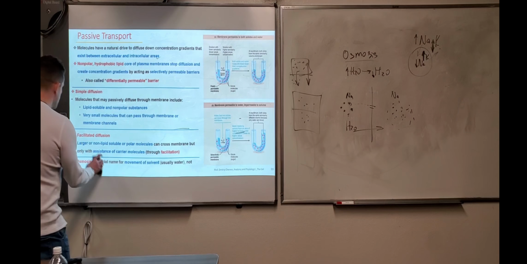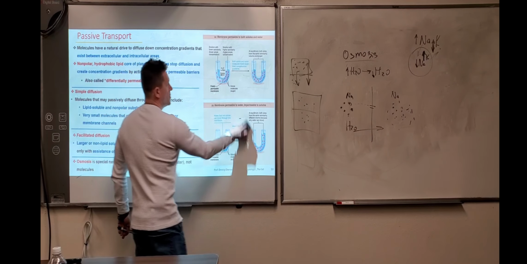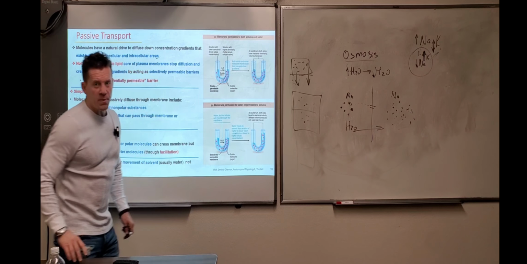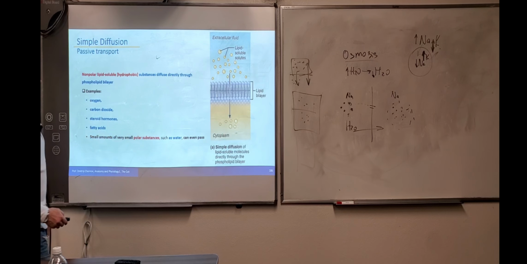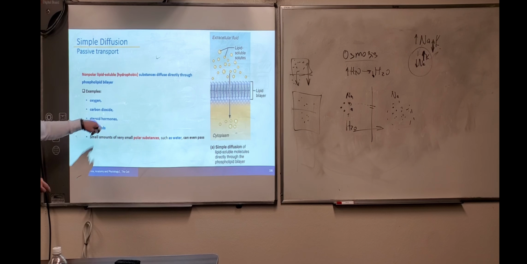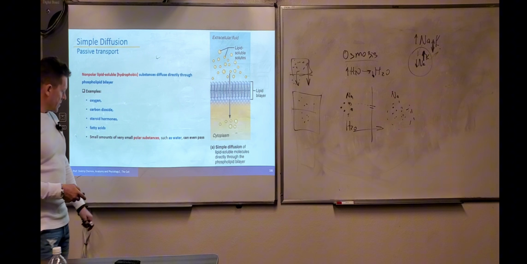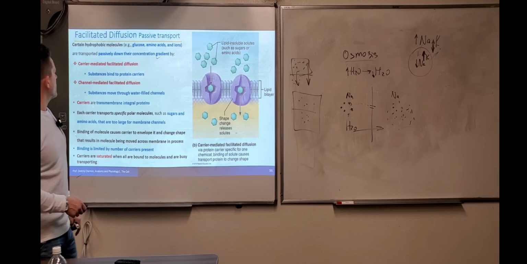When it comes to osmosis, that's a concept that you have to understand, but I will be discussing that even more. So, simple diffusion, right? From high to low. Things like oxygen, carbon dioxide, steroid hormones, fatty acids, they do not need any carriers. They go from high concentration to low concentration. Carbon dioxide is nonpolar. Steroid hormones are lipids. Fatty acids, gas, it's easier for gas to get inside from high concentration to low concentration.